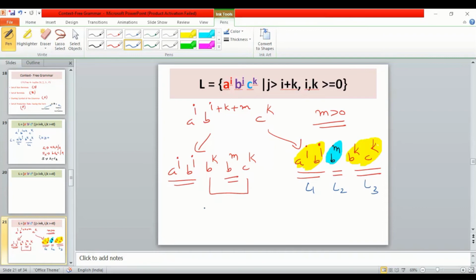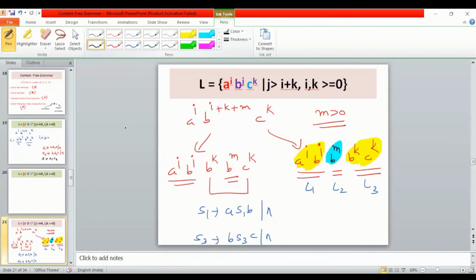For S1 we will write A S1 B or null, because I and K can be greater than or equal to 0. For the S3 language, we'll write B S3 C or null.